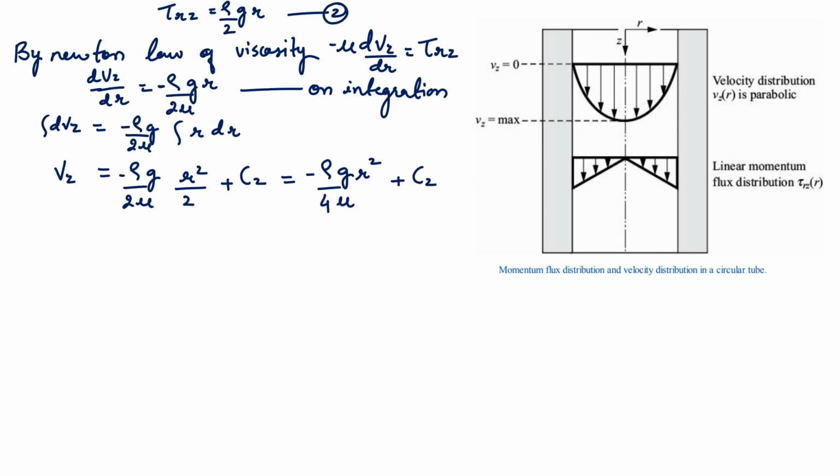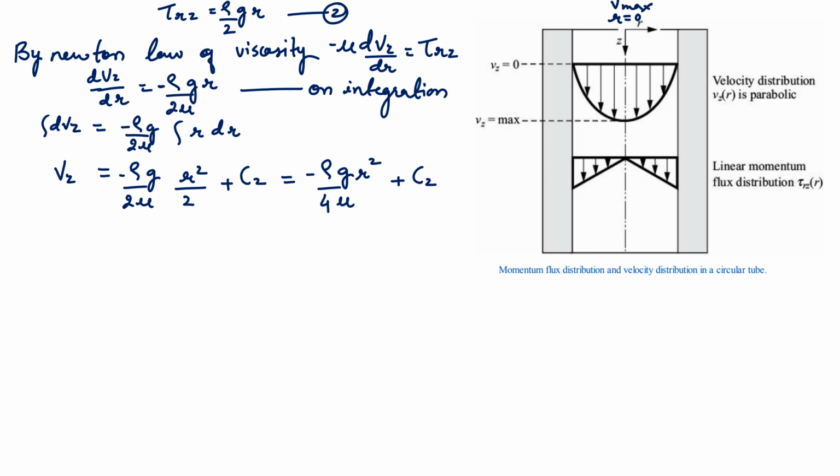For the velocity profile, if you see the velocity going on this circular pipe, velocity at r equals 0 is maximum, right?